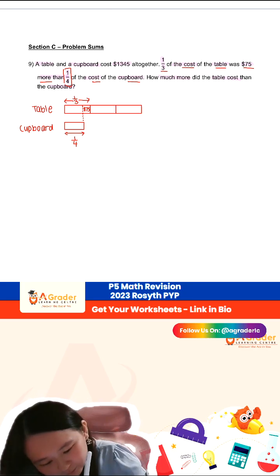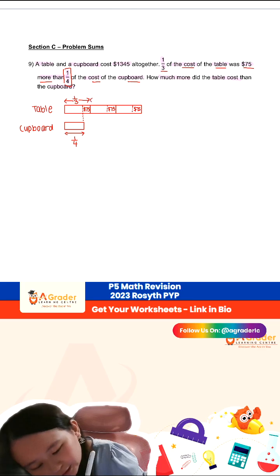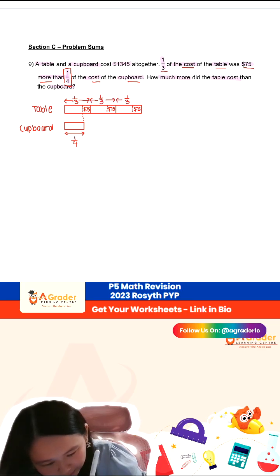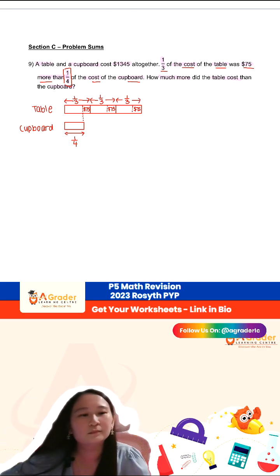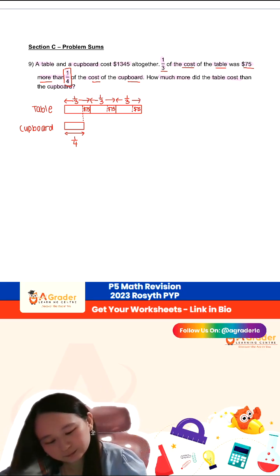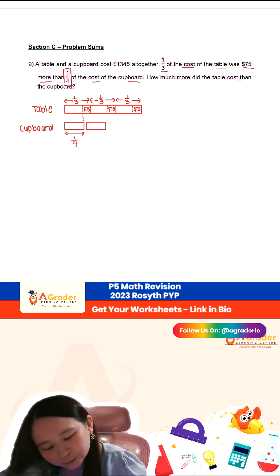Okay, so I duplicate the exact unit. Every 1/3 is the same. So you can see that my table is one whole now. I'll do the same for the cupboard. It's 1/4, so I need another 3/4 here.